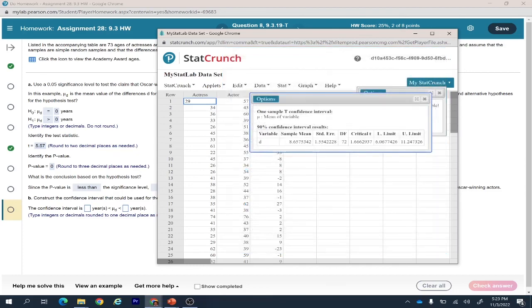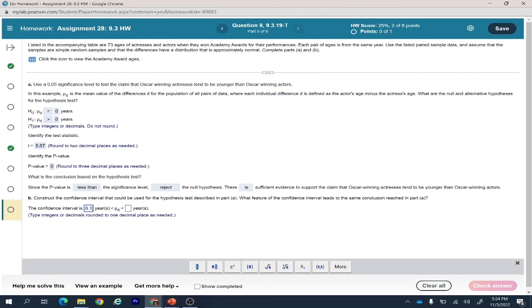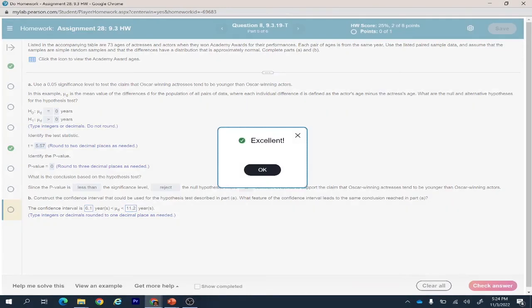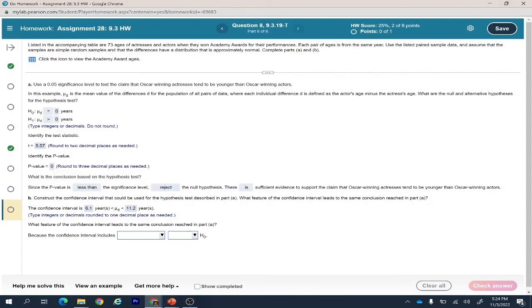If you compute that, it gives you the confidence interval. The lower limit is 6.1, and the upper limit is 11.2. So 6.1 and 11.2. That should be the confidence range for the difference between the average values.